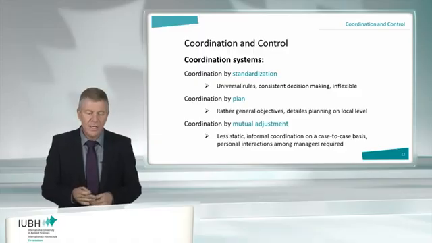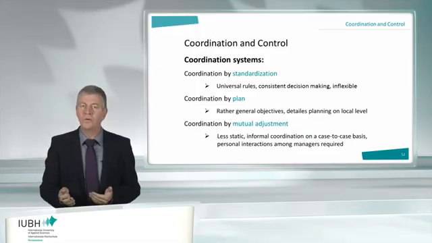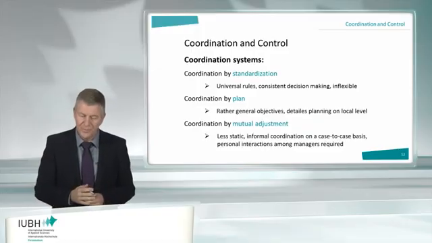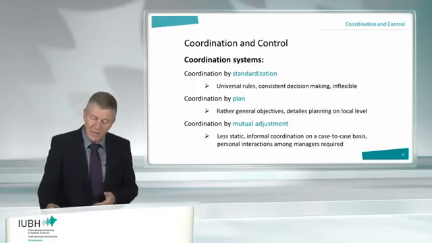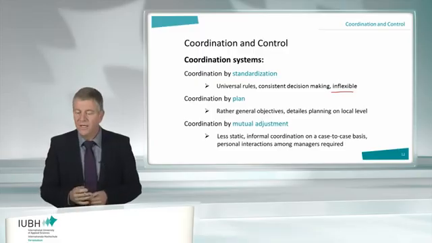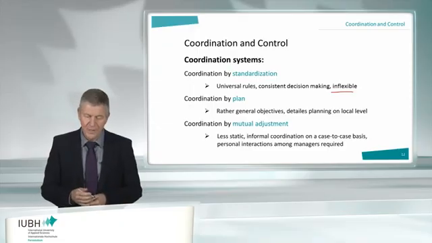structure. Coordination by standardization means that you have universal rules that are applicable throughout the organization. By that, you enable consistent decision-making, but you have an element of inflexibility, and that is increasing in its degree when it comes to international and diverse operations.